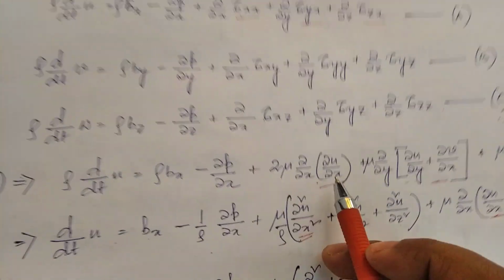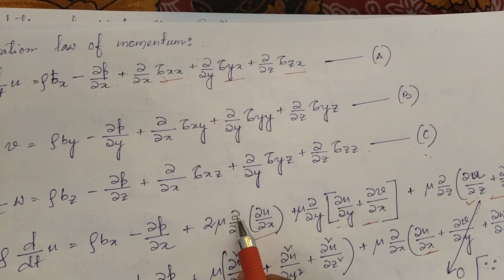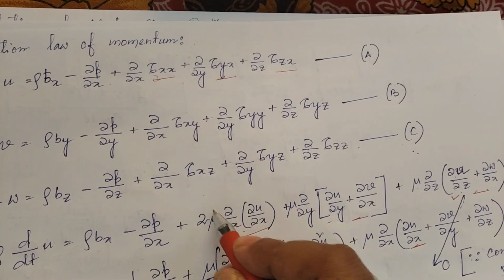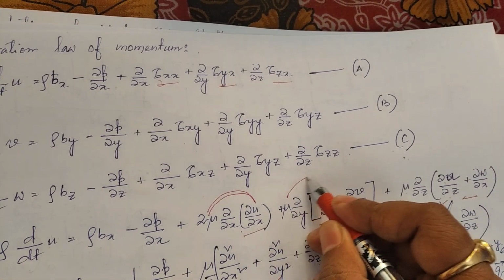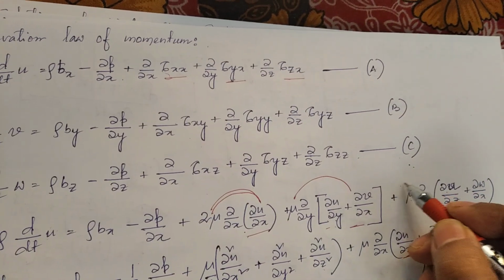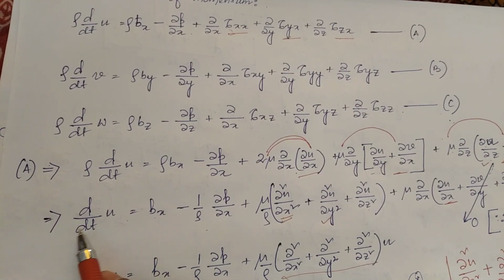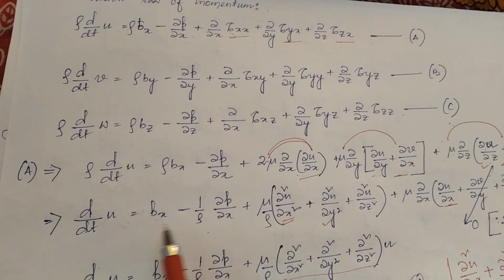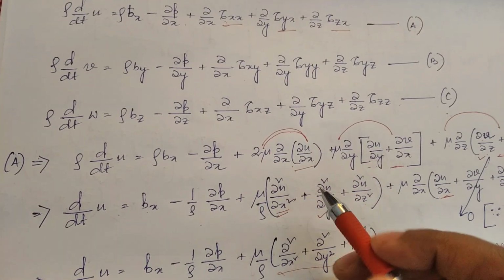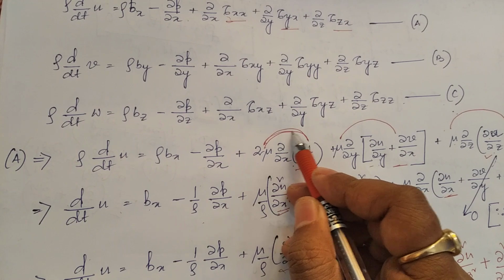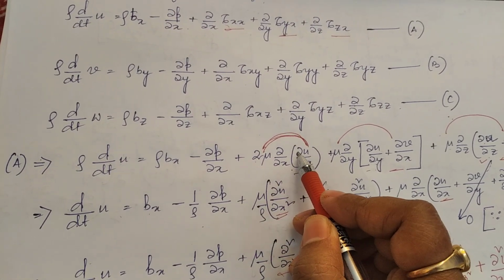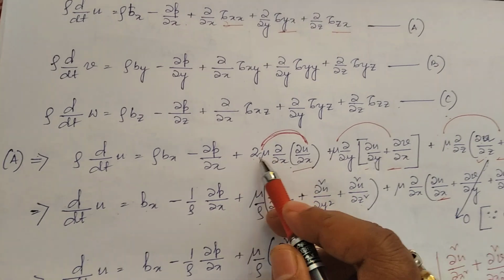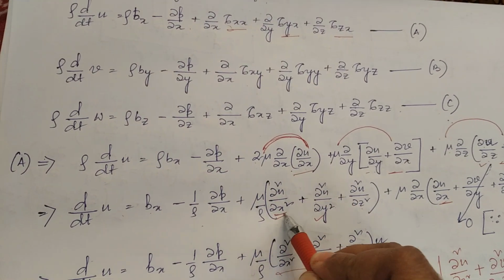This is the expression of tau xx, that is del del x of twice mu del u del x, this is our tau yx, and this is our tau zx. Now we divide both sides by rho, and we get the expression. Now you see here 2 times is there, the second order derivative of u with respect to x, so from those 2 terms we write one term.